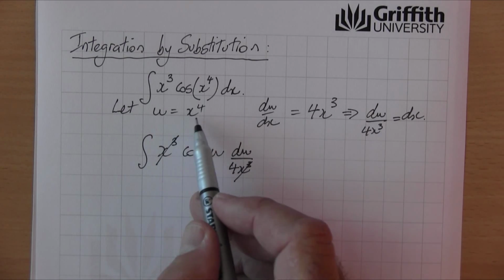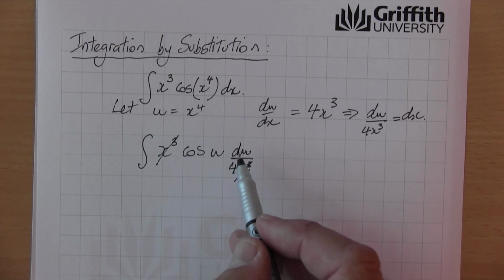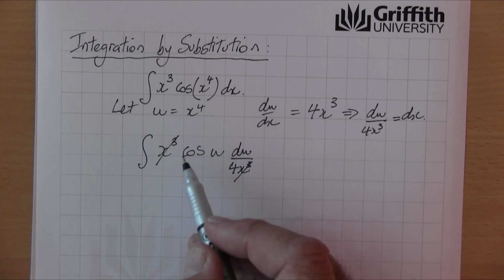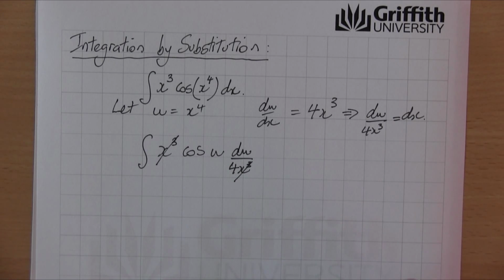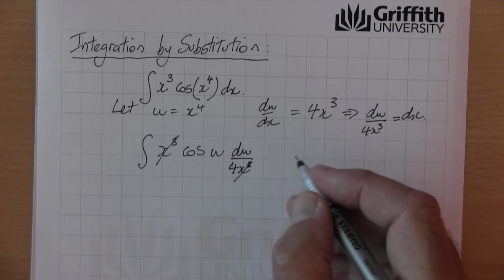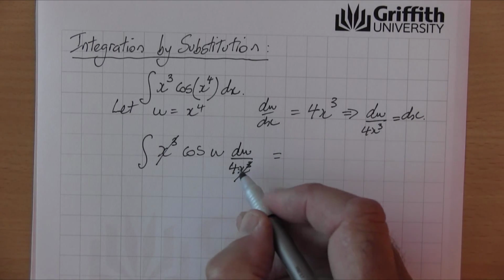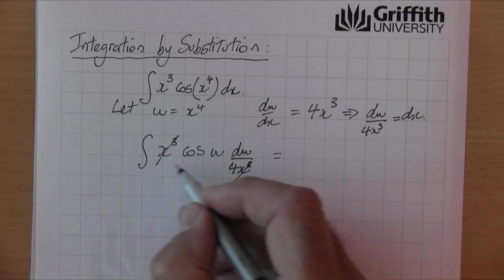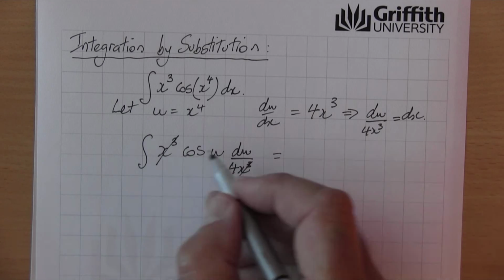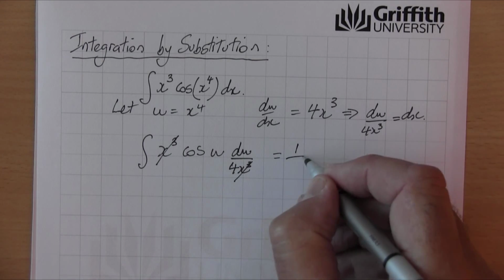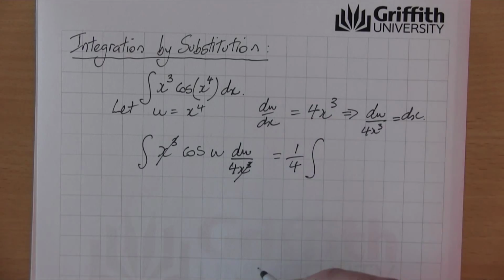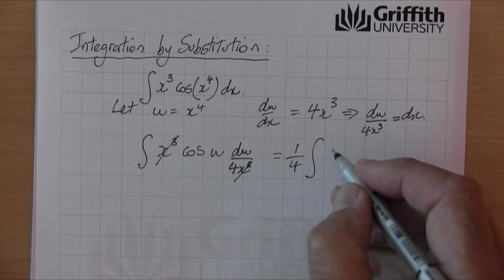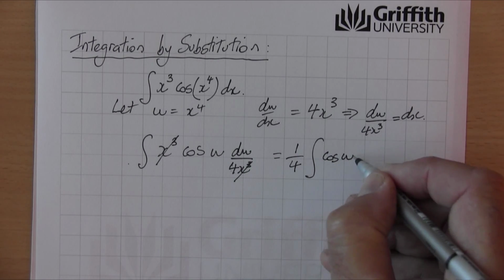If you make a substitution and you get to this step and you've still got x's and u, you've made the wrong substitution. So now this is simply a matter of what happens to the 4. It is a denominator, so I could bring 1/4 right out to the front, so the 4 has come right out there. Cos of u du.